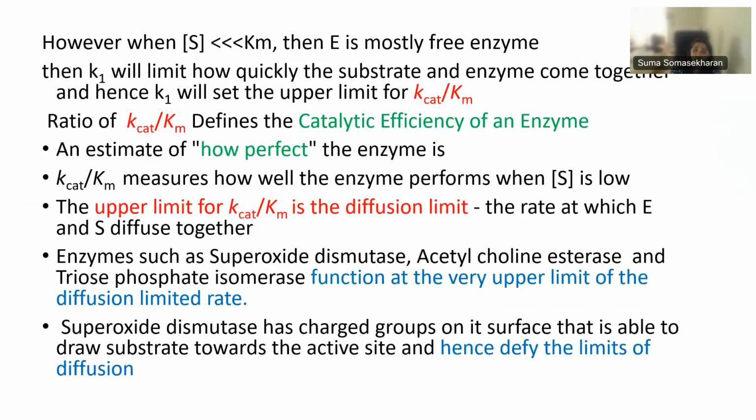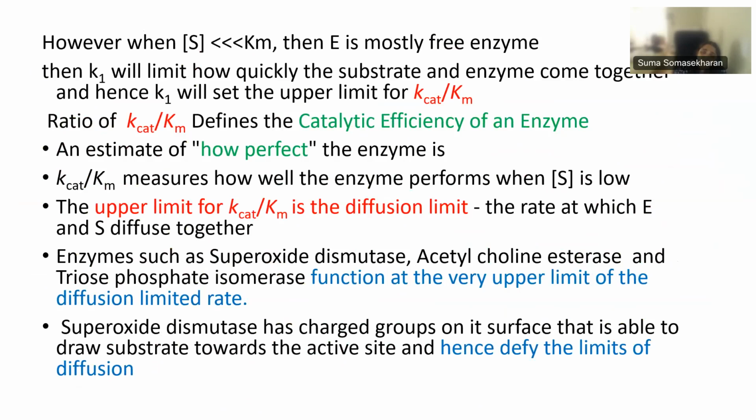The ratio of Kcat over Km defines the catalytic efficiency of the enzyme. And because the value of k1 limits the rate, it sets the maximal limit for this catalytic efficiency. So the limiting factor here is how quickly the substrate diffuses to the active site of the enzyme.